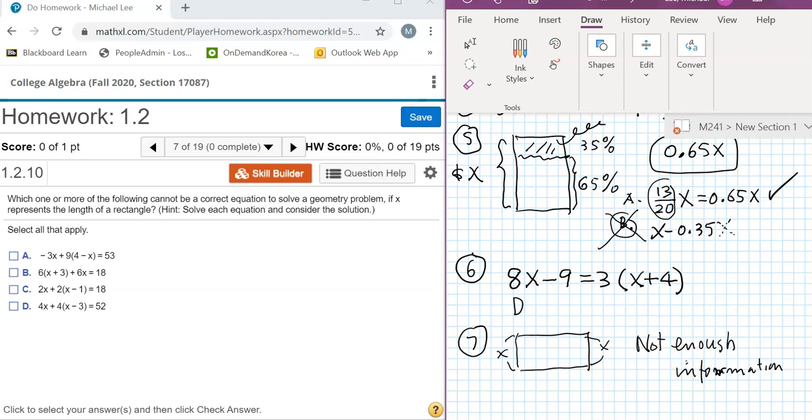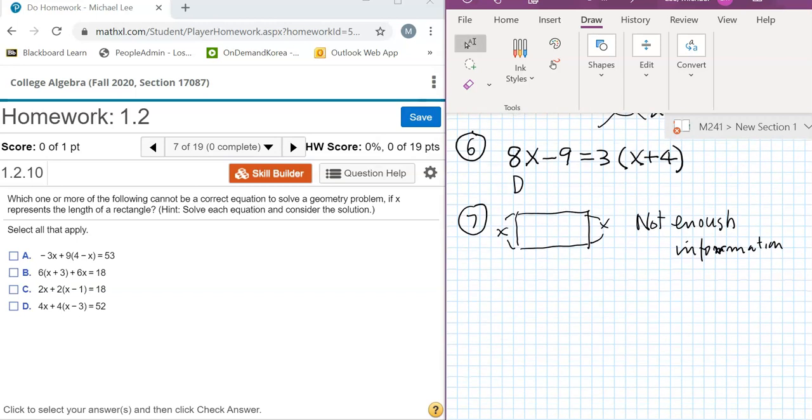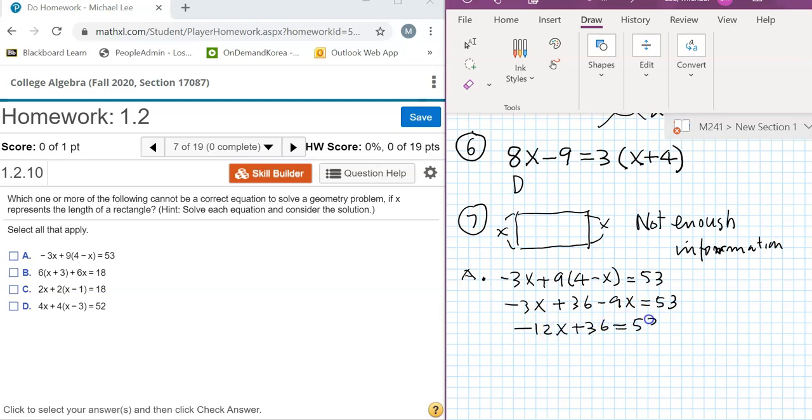Okay, so if I have to guess, the x and x is 2x. Well, I guess the problem is you cannot have negative. X cannot be negative. So A is negative 3x plus 9 times 4 minus x equal to 53. So negative 3x plus 36 minus 9x equals 53. That means negative 12x plus 36 equals 53.